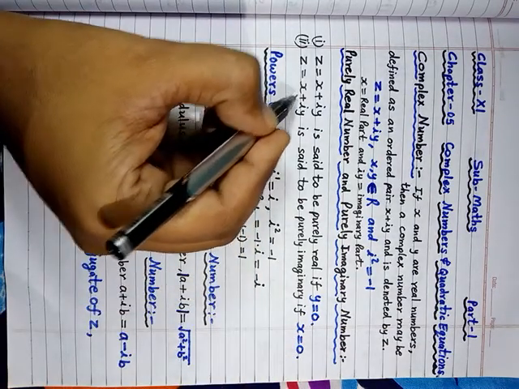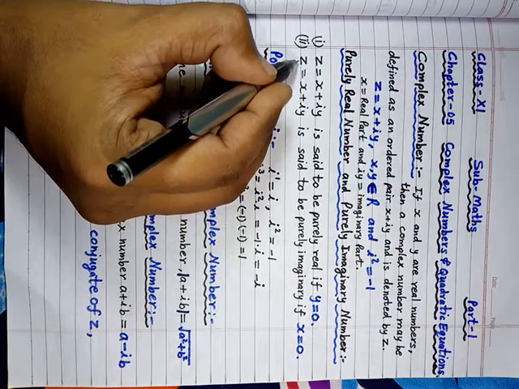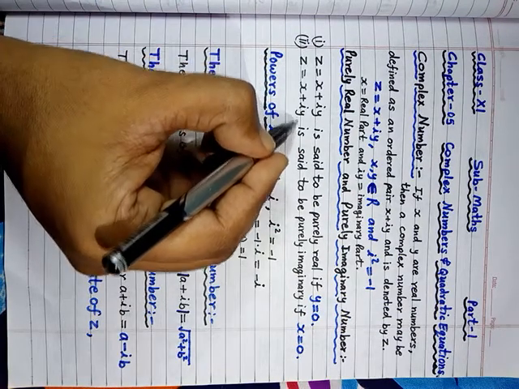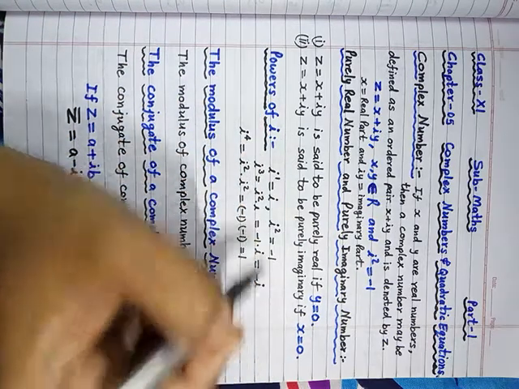If you put x equal to 0, then z is equal to only iy, so it is said to be purely imaginary.